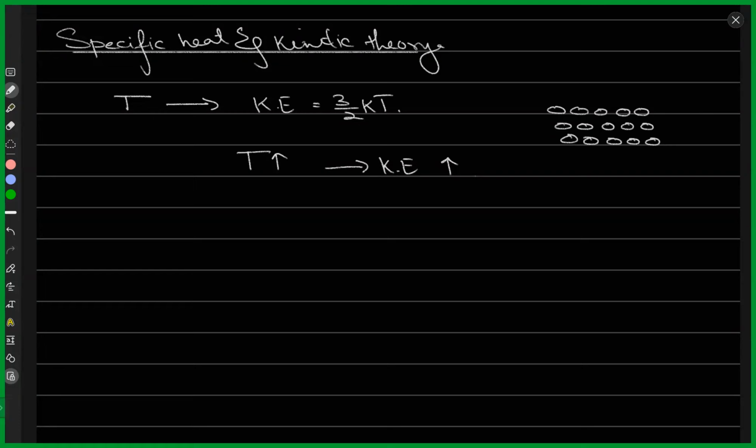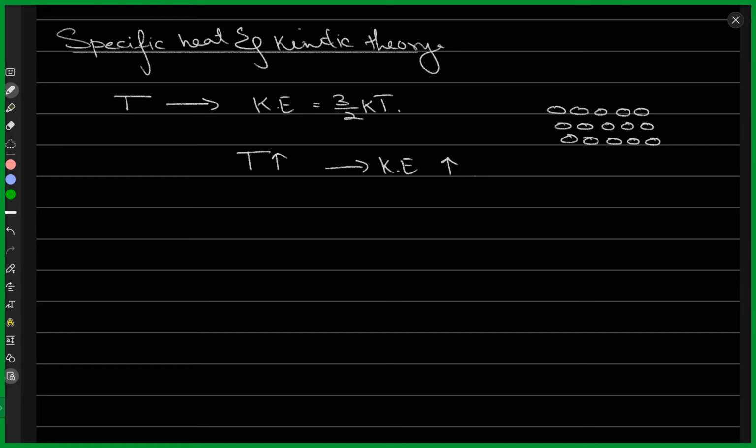So you might be saying that our goal was to relate specific heat capacity to this kinetic theory of gases, right? But remember, what is specific heat capacity? It is the energy that is required to raise the temperature. So if you concentrate on these words, that it is the energy required to raise the temperature, then it's really a form of kinetic energy, right?